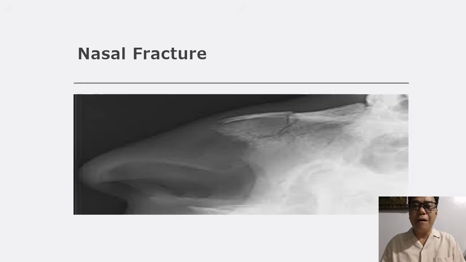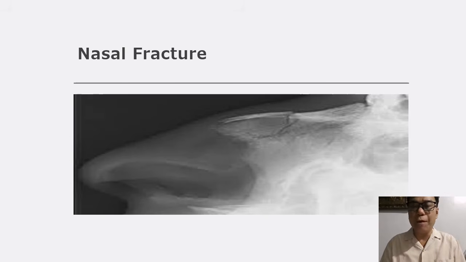So people who have nasal fracture could most likely experience complications like airway obstruction. It could lead to epistaxis and even septal hematoma. So when we talk about nasal fracture, it could be unilateral, but it could also be bilateral.